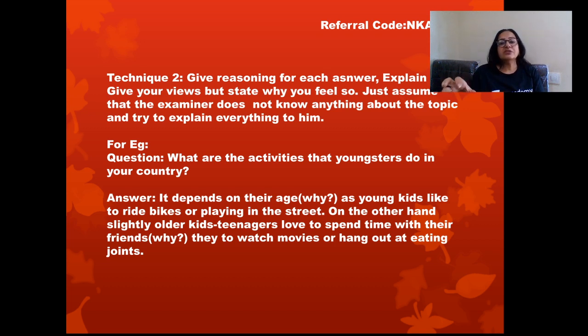So you have to give reasons and extend your answer for at least 5-6 lines. As I told you earlier also, you have to answer in 5-6 lines. So the technique here is that you should give reasoning for each answer that you give. That will extend your answer.